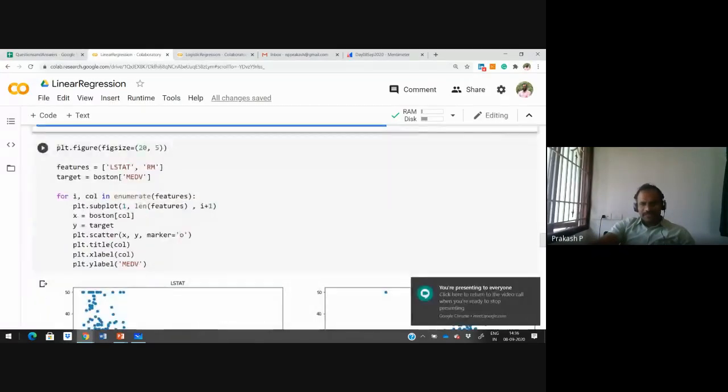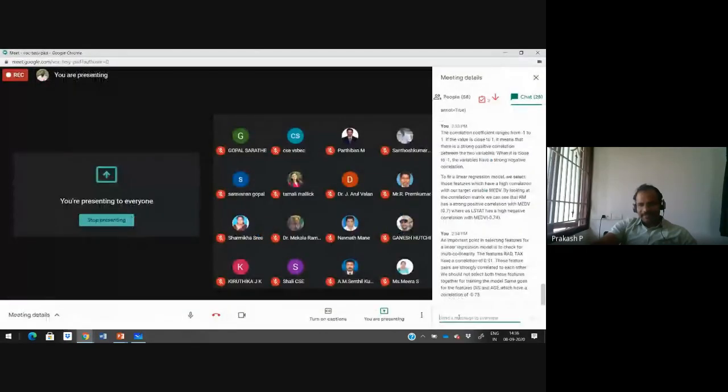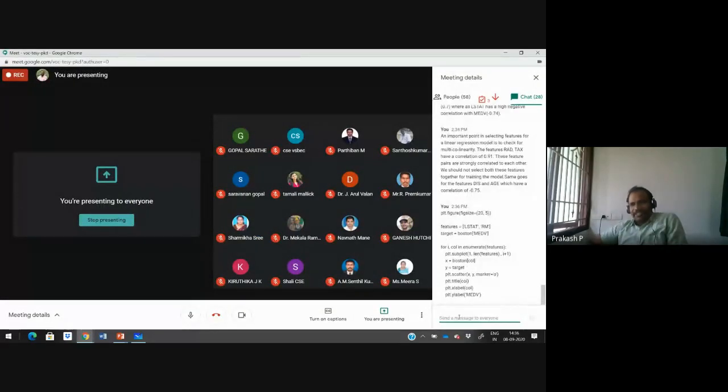Right now we are trying to plot LSTAT and RM. LSTAT is a negative correlation, right? Can you please try to build a graph for this? LSTAT and RM with respect to median value.